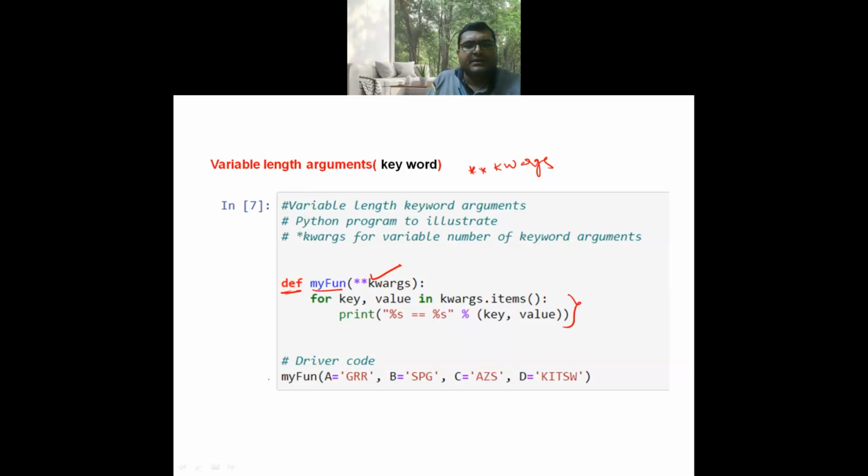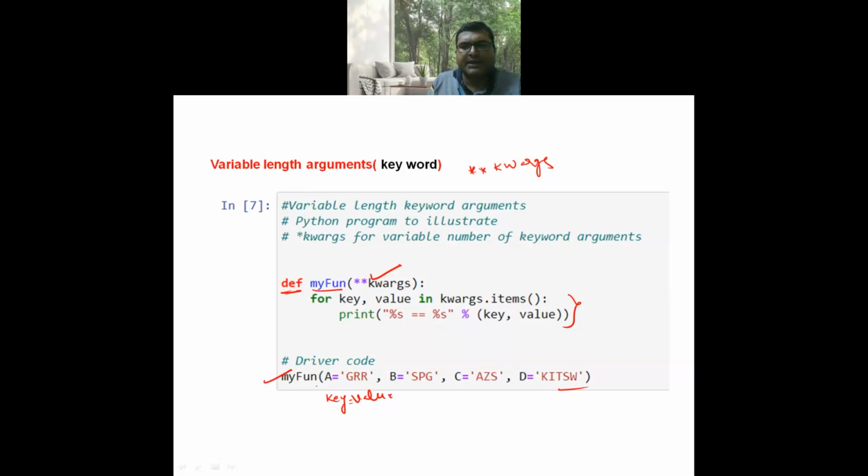Now the function is called with the keyword arguments, where a is the key and it is the value: a equal to ZRR, b equal to SPG, c equal to AZS, d equal to KITS-W.